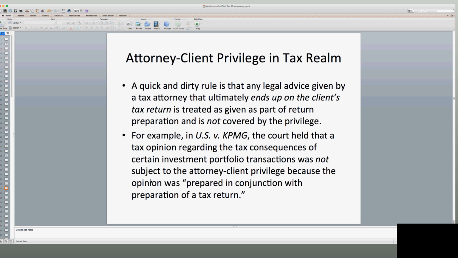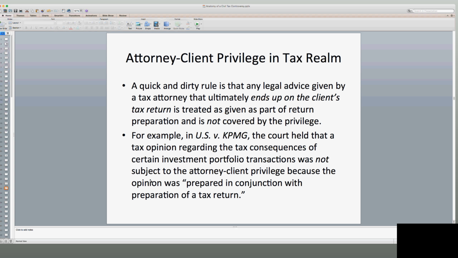In this case of U.S. versus KPMG, the court held that a tax opinion regarding the tax consequences of certain investment portfolio transactions was not subject to attorney-client privilege because the opinion was prepared in conjunction with preparation of a tax return. So I think you're beginning to see a pattern here.